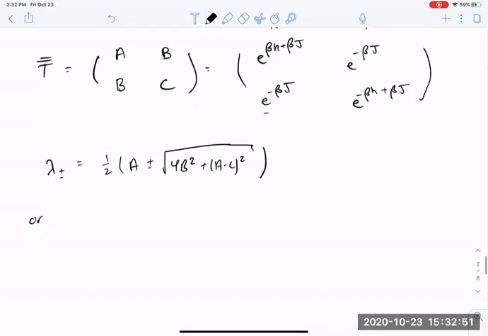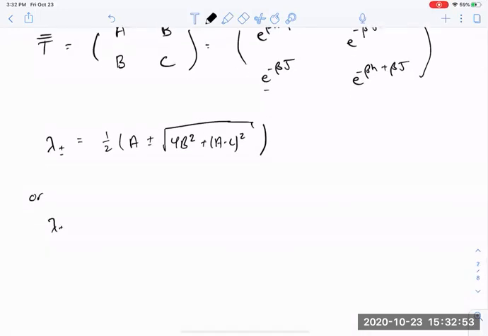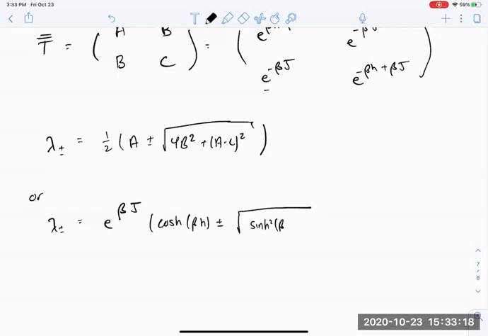Or in our specific case, lambda plus or minus is equal to e to the beta J times hyperbolic cosine beta H plus or minus the square root of hyperbolic sine squared of beta H plus e to the minus 4 beta J.